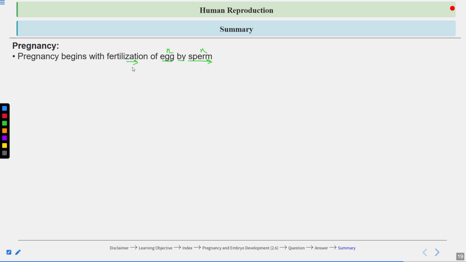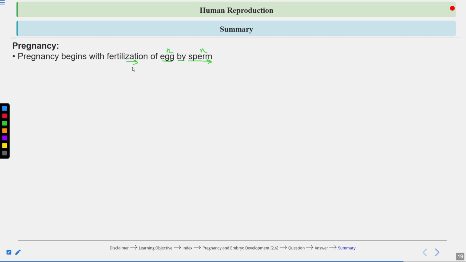Okay. Clear? And the pregnancy in the human female is for 9 months, means the gestation period is for 9 months. This gestation period can vary in other animals. Okay, in other mammals, like dogs and cats, it is around 2 months.